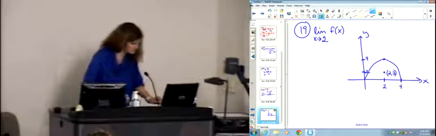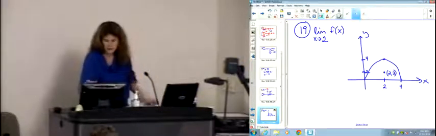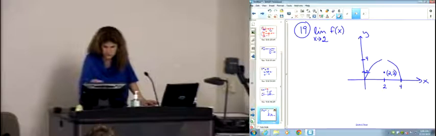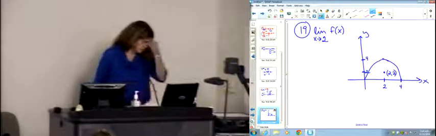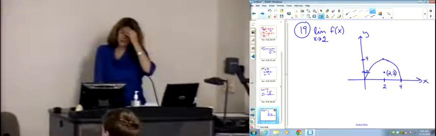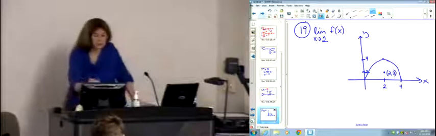That's the point 2, 2 right there. And actually this circle is an open circle here. The question is, what's the limit of this function as the x's are approaching 2?